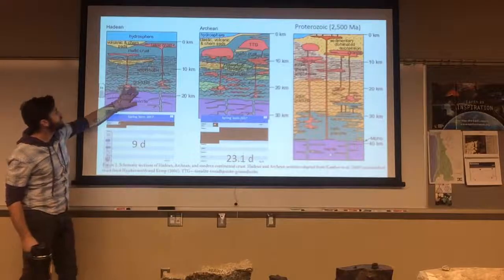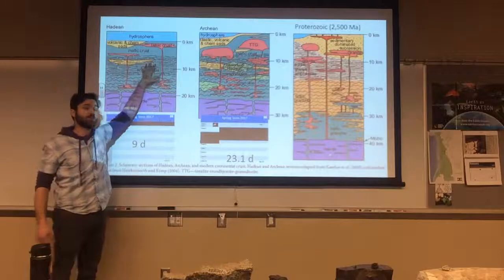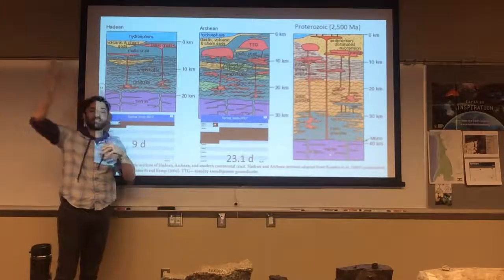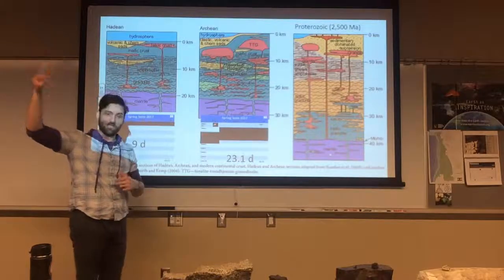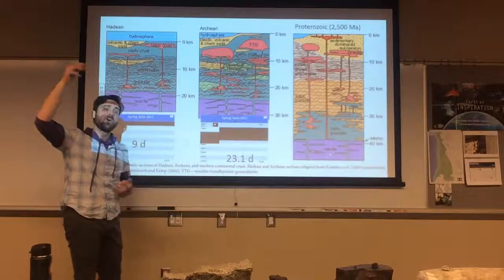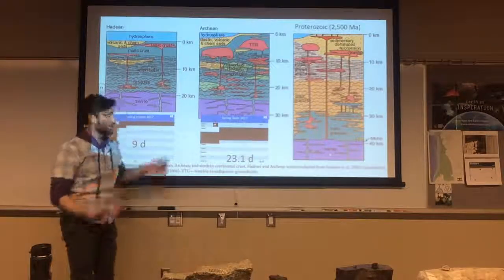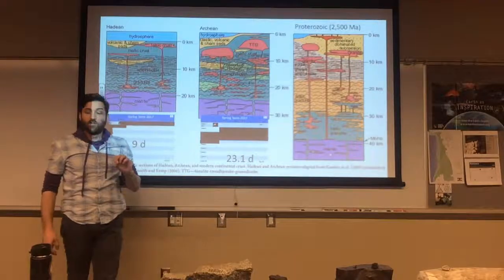But we do start to see some small pockets, maybe, of this more felsic crust starting to develop. And then as the outgassing of volcanoes and water vapor is condensed in the atmosphere to create clouds and a meteoric system, rain is chemically weathering the rocks and making sedimentary rocks. So we also have some sedimentary rocks developing as well.